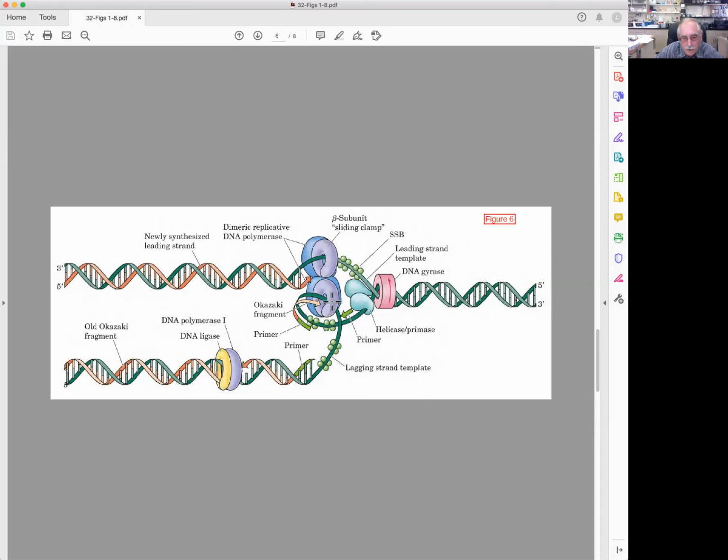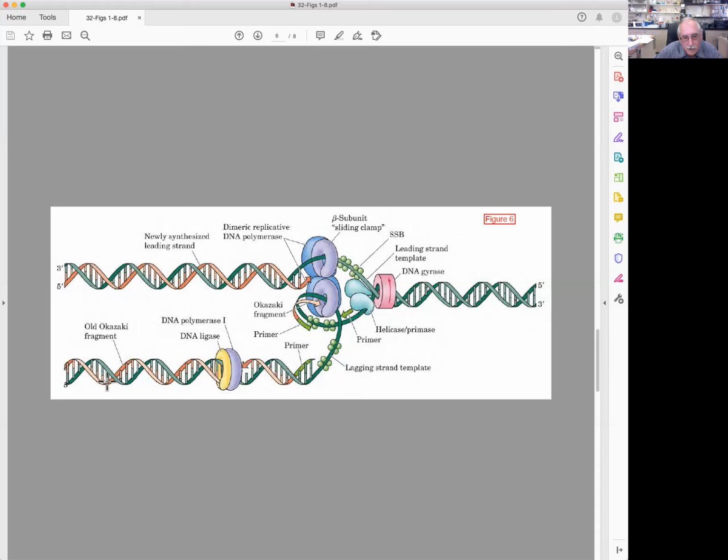But when this replication fork moves this way, there's going to be a gap right there. So that gap, which is because DNA polymerase has to work stepwise going in that direction, creates what's called Okazaki strands, Okazaki fragments, that then have to be ligated together.